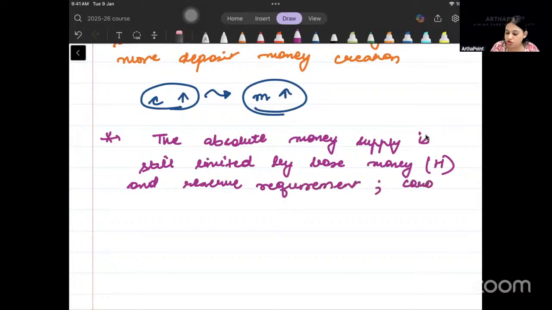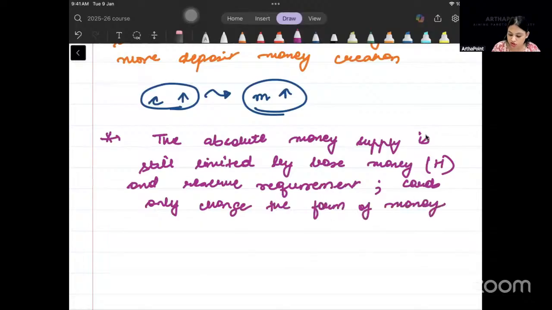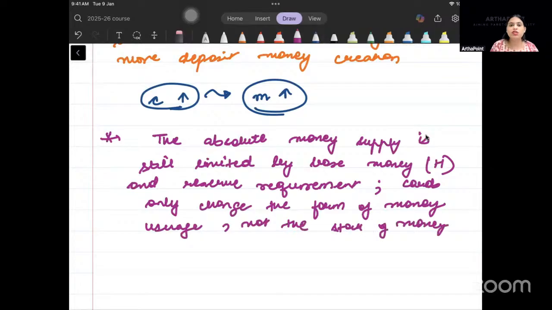Cards only change the form of money usage, not the stock of money. Not the stock of money. Is it clear, beta? Okay, thank you.